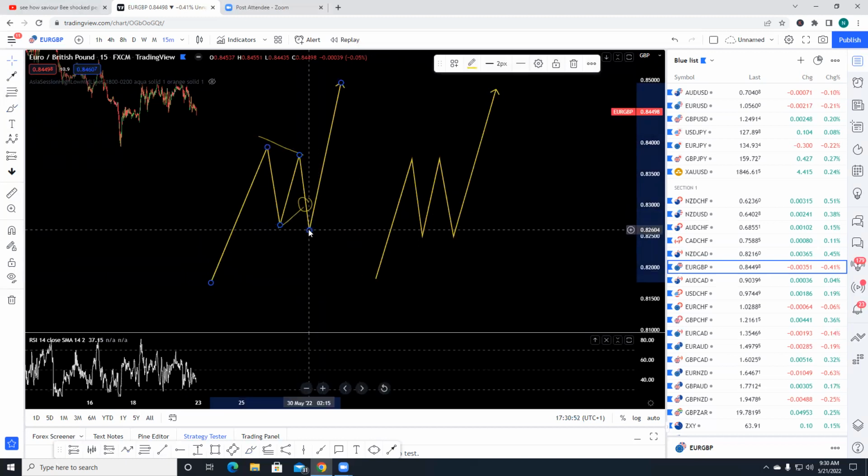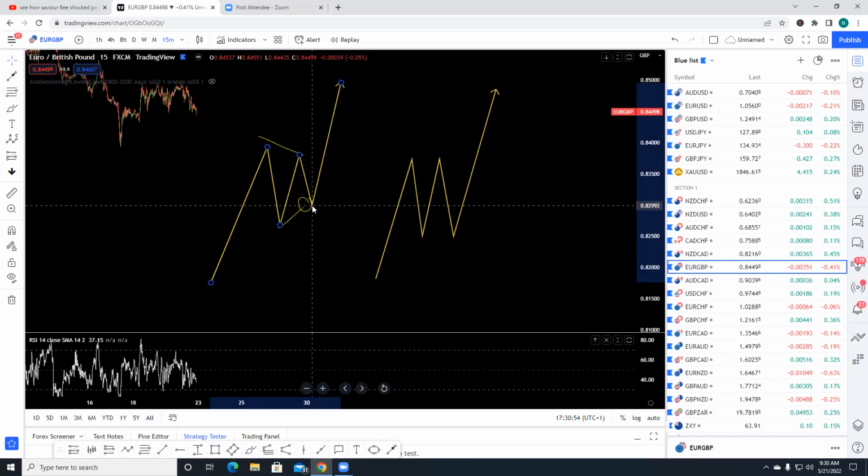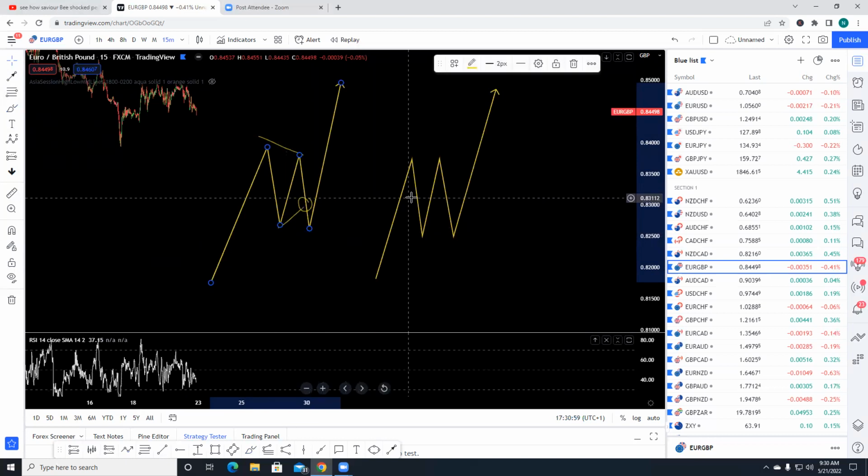Can you see that the structure that ended here has transformed to the one that ended here? When it now comes to this level, this structure and this structure are now the same. So you can see just a little move down. A contracting flat has changed to a regular flat.